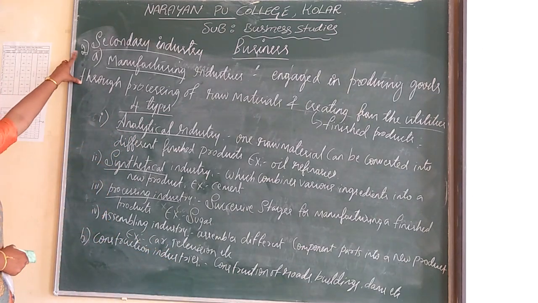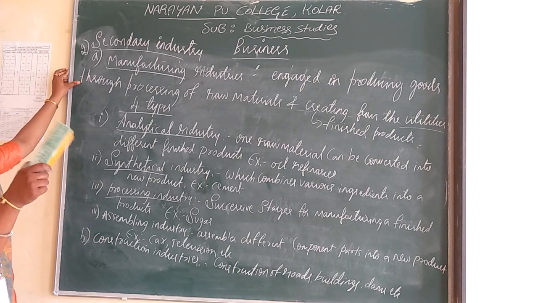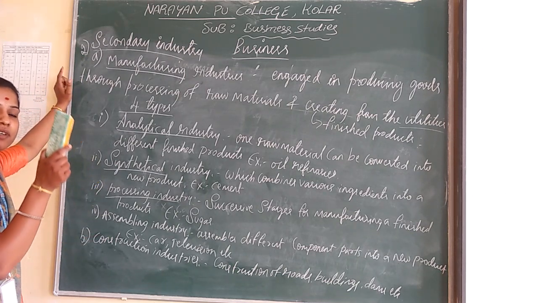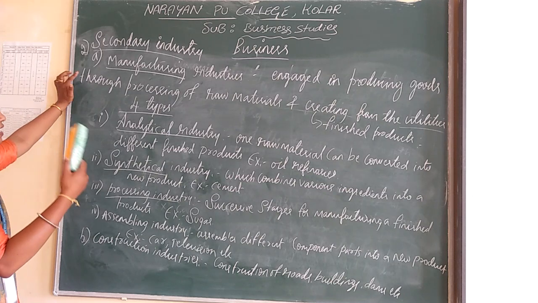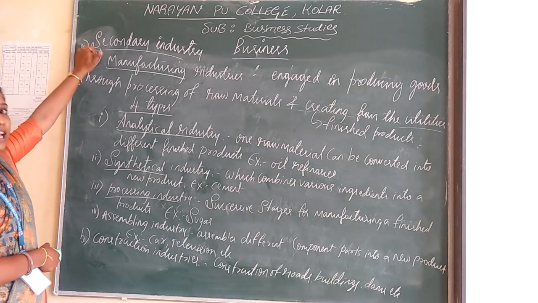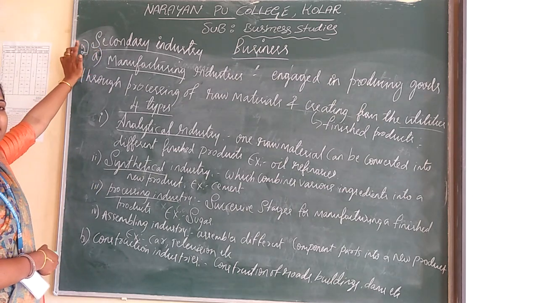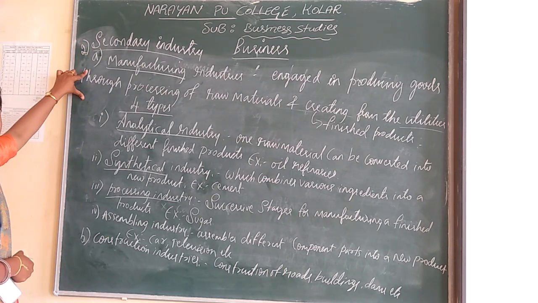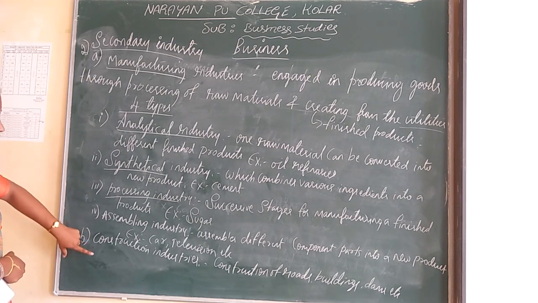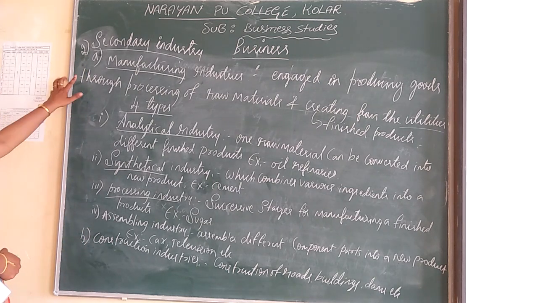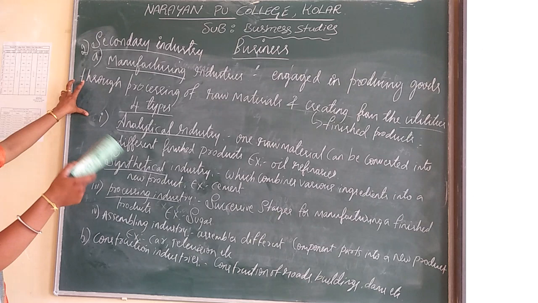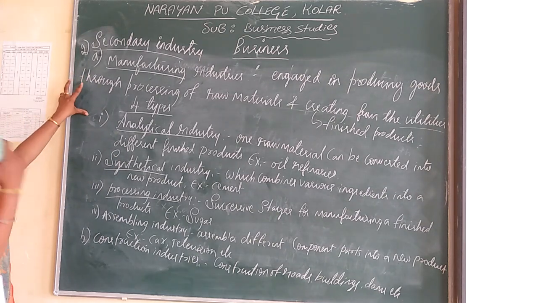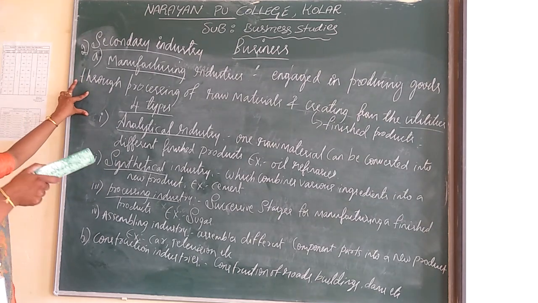So now we have secondary industry. Industry can be broadly classified into two types: the first one is primary industry and the second one is secondary industry. Secondary industry is classified into two types: manufacturing industry and construction industry. The manufacturing industries produce goods by processing raw materials and creating a finished product.